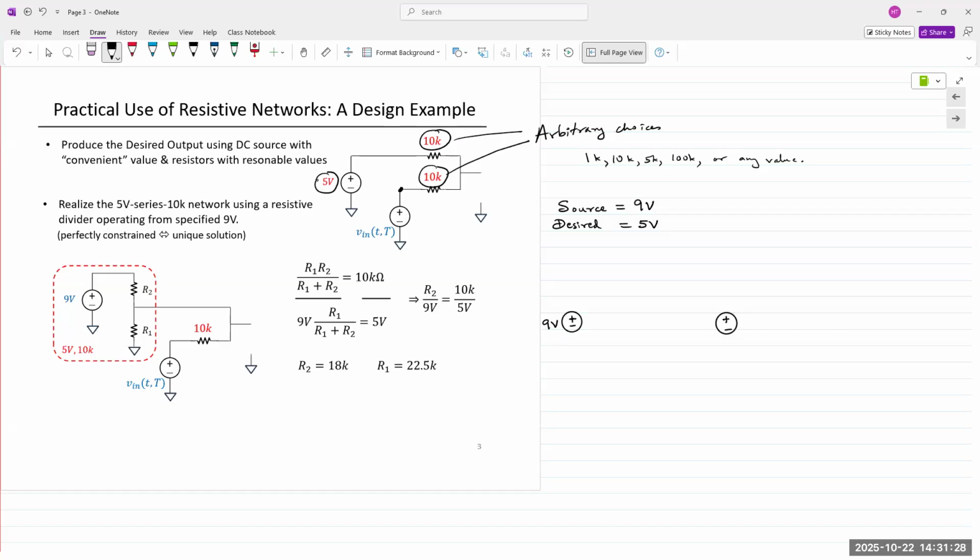This is our V in of t. And then let's see this.